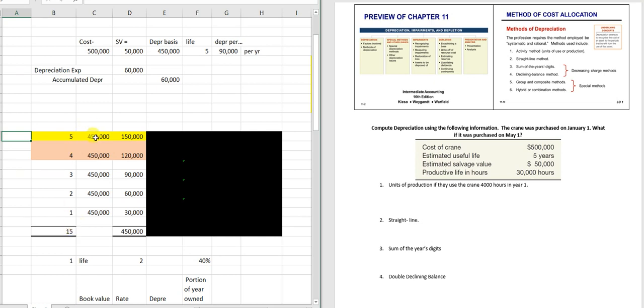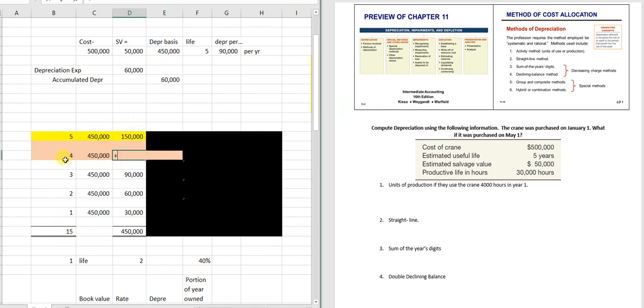So then all I do is my cost minus salvage value is 450,000. So you can put cost minus salvage value in there. But in all cases, except for double declining balance, we use salvage value in our computation. So we're going to depreciate $450,000. So in year 1, I simply take 5 divided by 15 times $450,000.